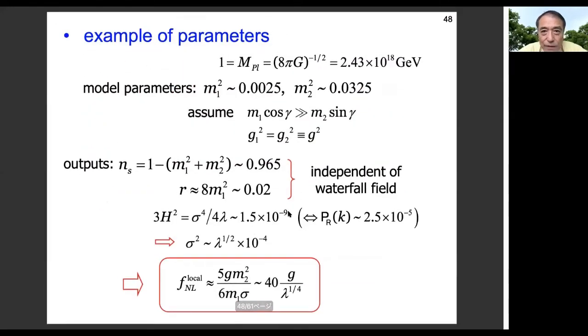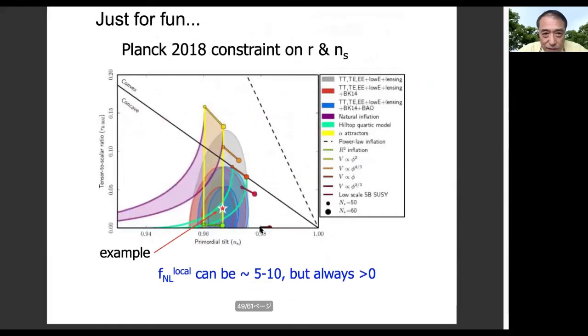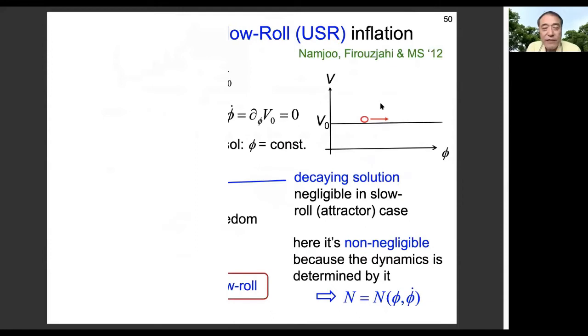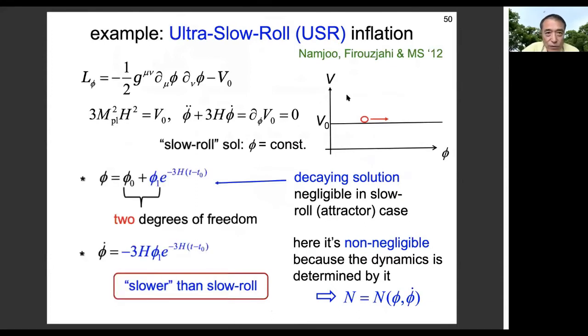So apart from this simple model, another fairly simple but very interesting model is the so-called ultra slow roll model of inflation. In the simplest case, you just assume that the potential is given by a constant, that is just a cosmological constant.